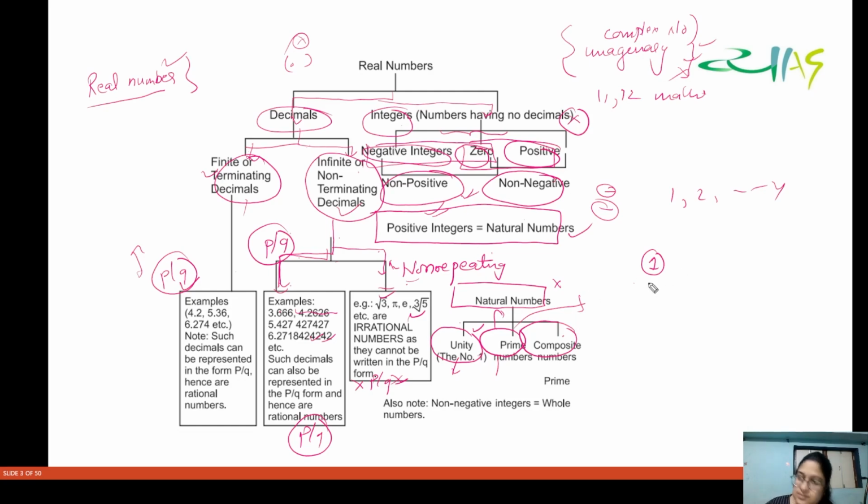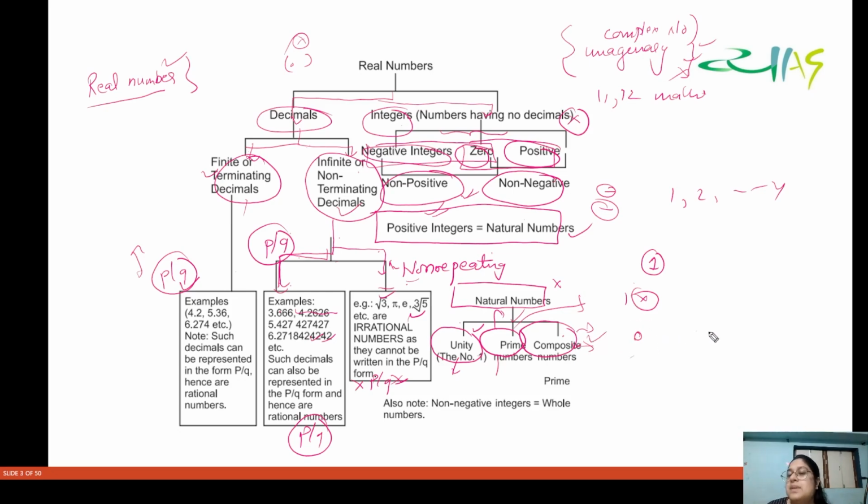But remember, 1 is not a prime number. And then you have composite numbers. So what are composite numbers? Composite numbers are the numbers that are divisible by numbers other than themselves and 1.